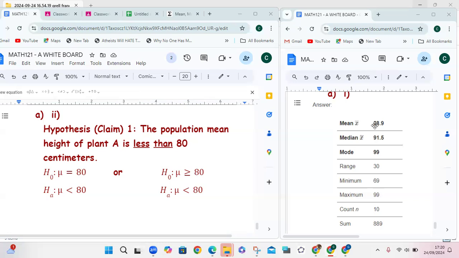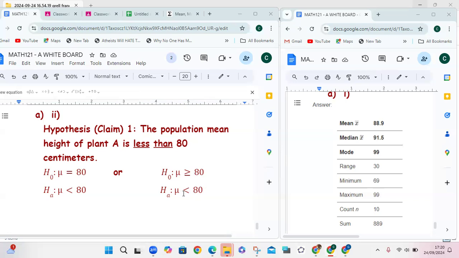But here now you have the mean is more than or equal to 80. And you can see that the mean is more than 80. It is 88.9. It's more than or equal to 80, it's 88.9. So the null, based on that, you may not want to reject the null because the null is in agreement with what the data is saying.